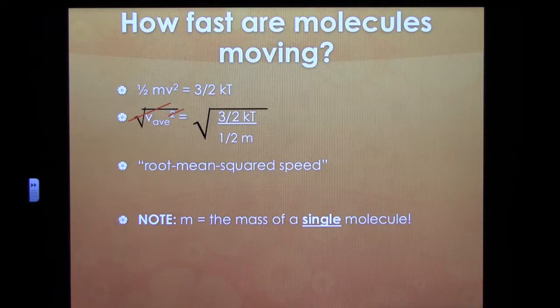Now we can simplify this equation a little bit further. We have 3/2 on top and 1/2 on the bottom. The halves can cancel out, and we'll be left with the square root of 3kT divided by m. Again, this is known as the root mean squared speed, so we give it the symbol v_rms.